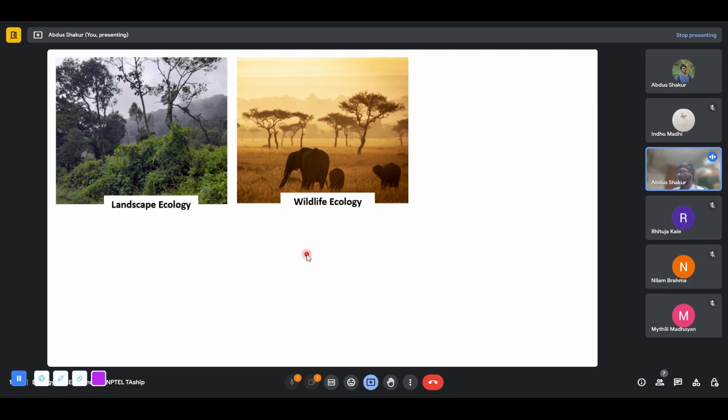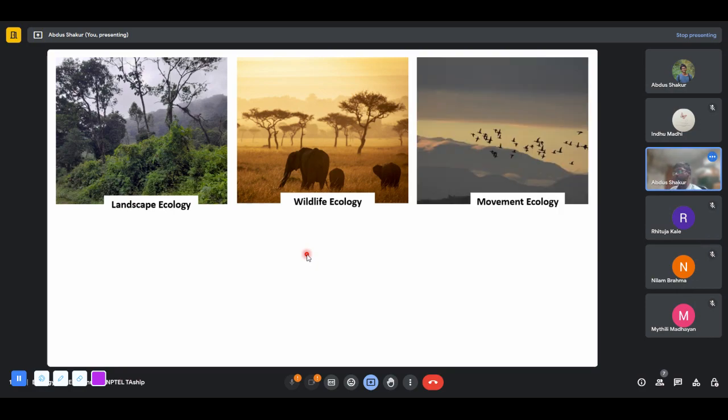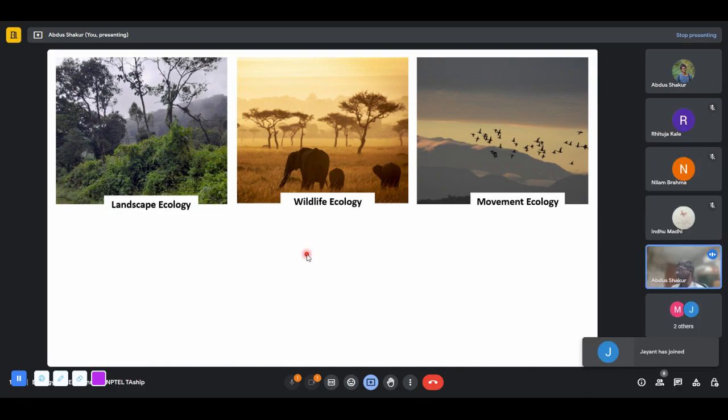You have wildlife ecology, where you study managing or conserving wildlife populations by understanding how things go on within those species or different species together. You have movement ecology, wherein you study how species move across areas. Migration is one such example of movement ecology, because it is such an interesting phenomenon that happens every year.